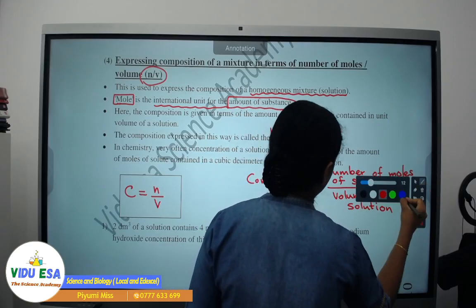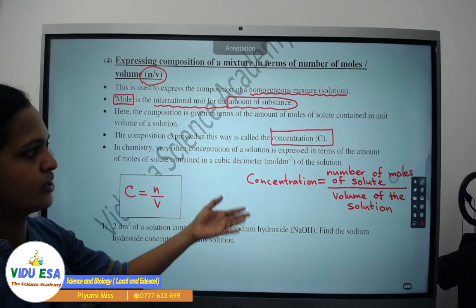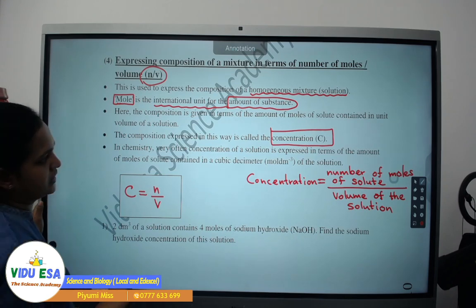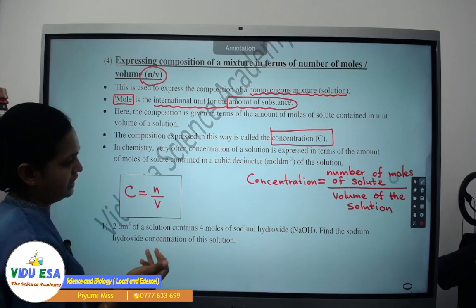Right? If we consider the units, in chemistry, very often concentration of a solution is expressed in terms of the amount of moles of solute contained in a cubic decimeter. Right? Very often that is used.